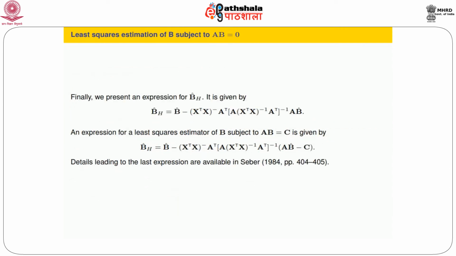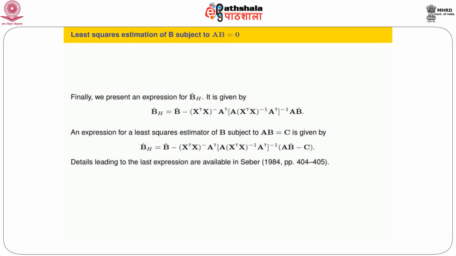not unique. Now we finally recall that in univariate theory we also test lambda prime beta is equal to not 0 but some constant, say C. So we also look at estimation of AB is equal to C, assumed to be a consistent system. That means there is at least one B so that AB is equal to C. Once we have the least square estimator of B subject to this, we simply mechanically replace this by AB hat minus C. One cannot do it without too much additional technical work, so we are skipping this part of the discussion.